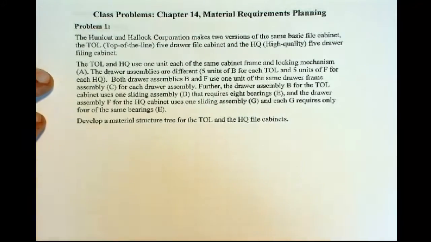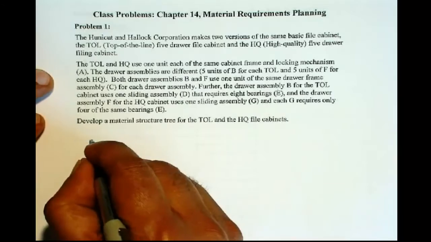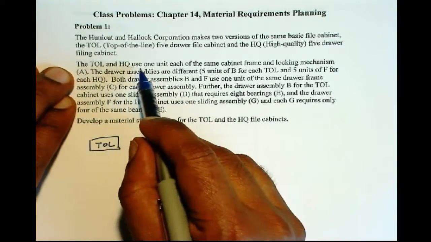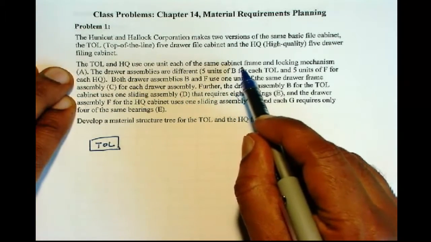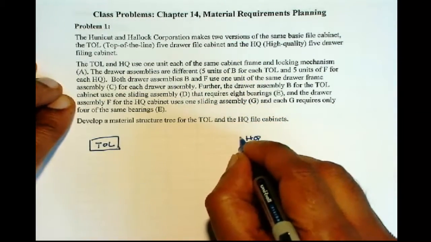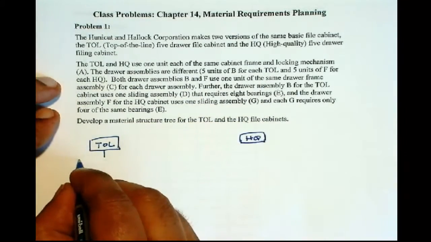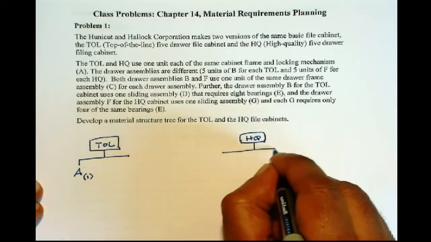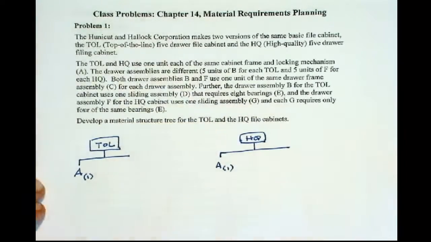So let's see, we have TOL, that's the top item. Then TOL and HQ use 1 unit each of the same cabinet frame and locking mechanism. So both HQ and TOL, they use the same cabinet frame. One unit.